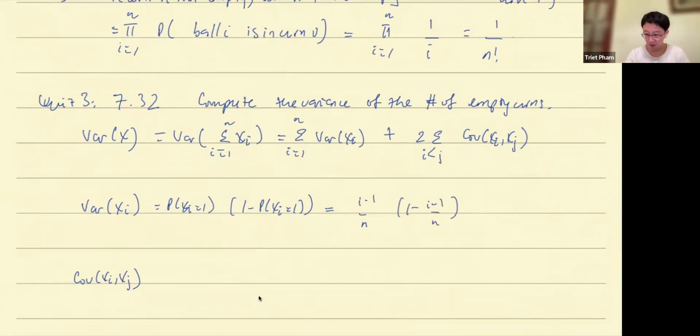Again, probably there's no need to simplify this, right? What about the covariance?